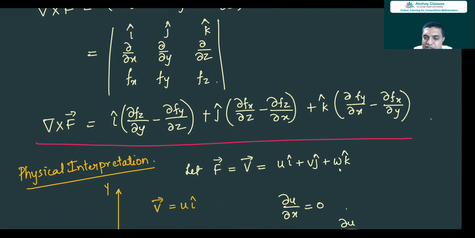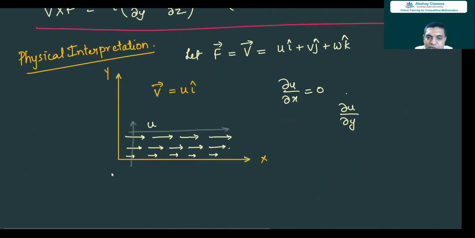So curl: del cross v is i dou by dou x plus j dou by dou y plus k dou by dou z.